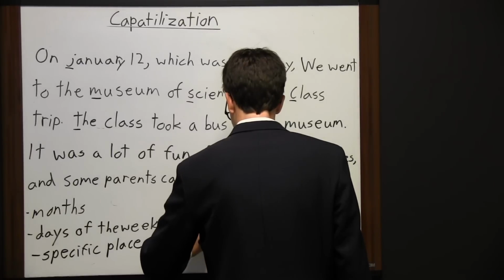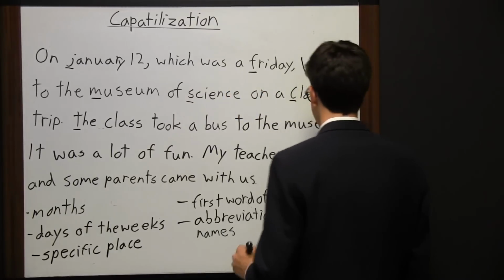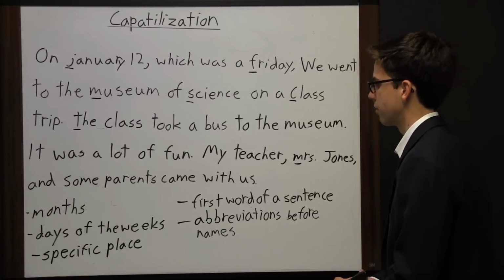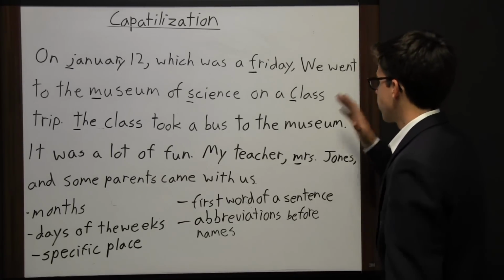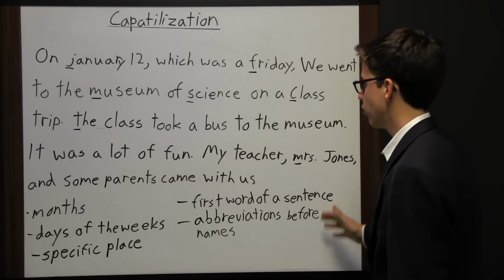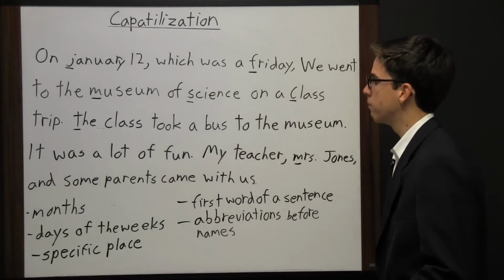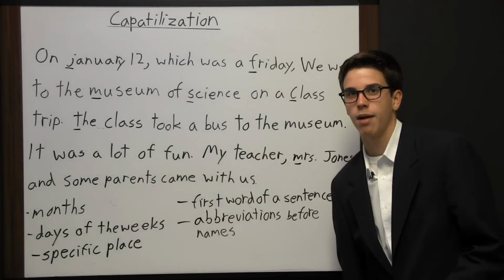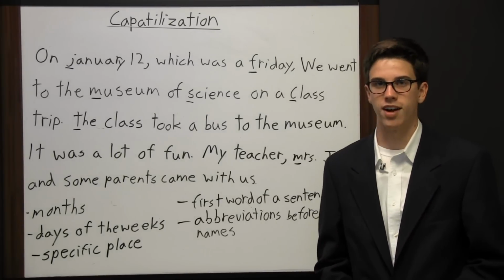And so those can be things like Dr., Mr., Ms., Mrs. All those abbreviations need to be capitalized. And so those are some examples of words that do need to be capitalized, but there are many other grammar rules out there, but those are some common words that are accidentally capitalized or accidentally not capitalized.